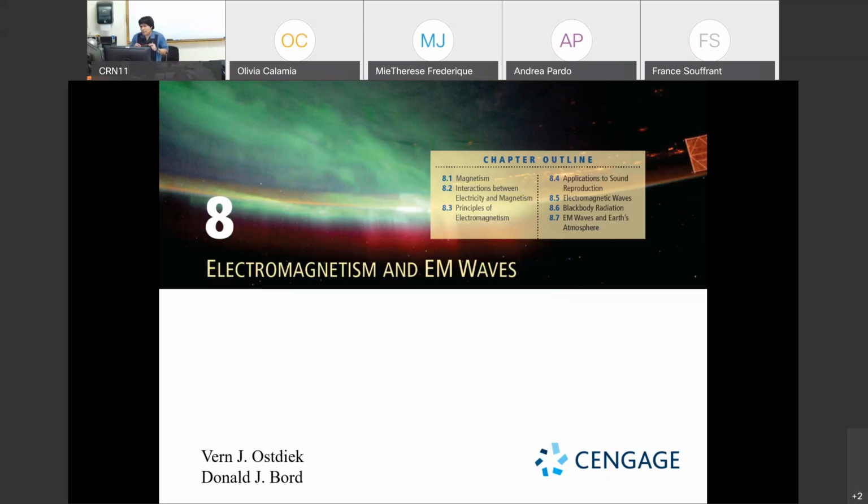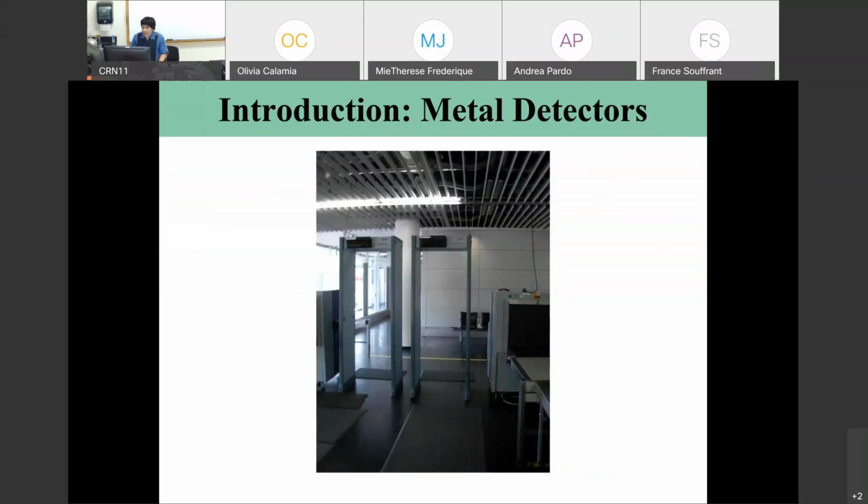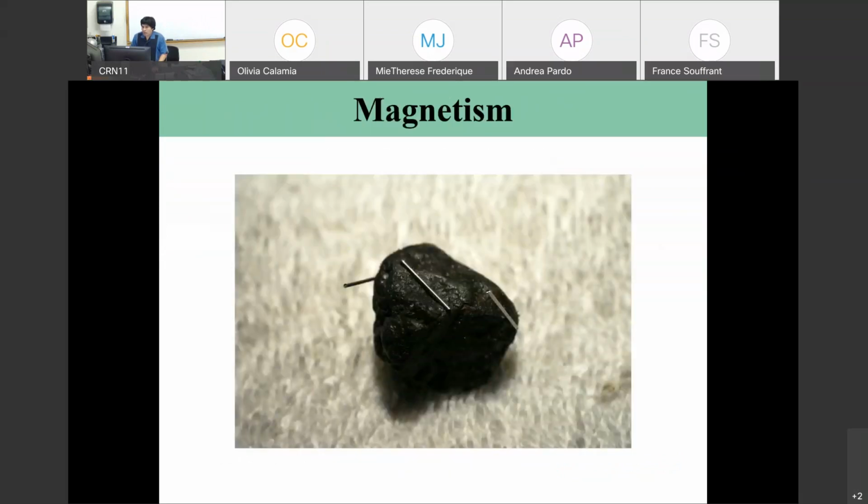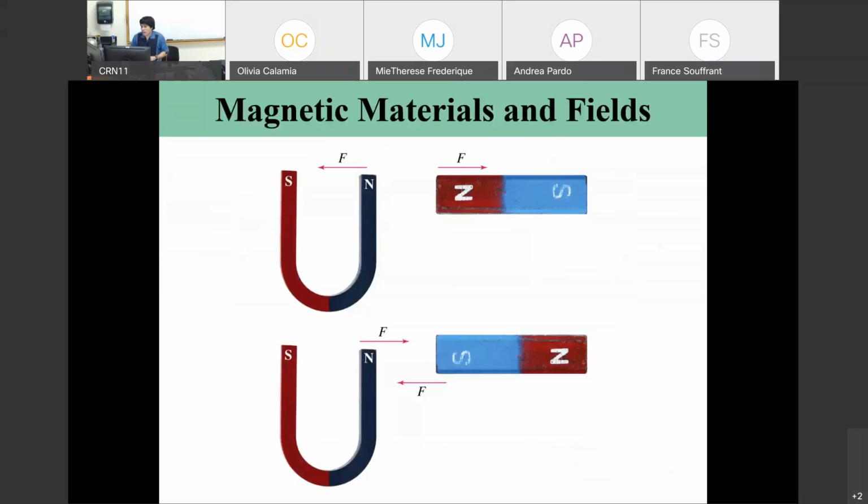And we emphasize the difference between magnetism and electrostatics, where in electrostatics we had electric charge, positive and negative, but in the case of a magnet, we have the north and south pole, as you see there.